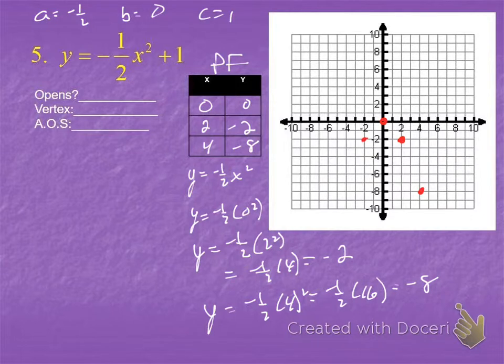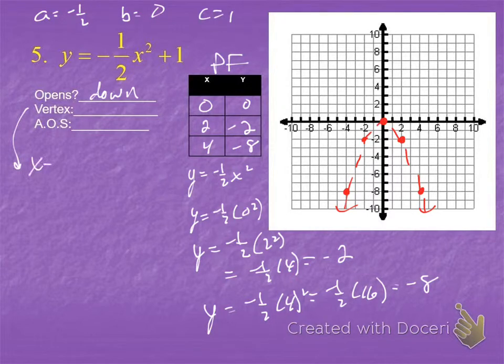Mirror image. And there's your parent function. Okay? All right. How are we going to move it? Well, it's all about the vertex of the actual function. Now we go back to the actual function, which we see is going to open down because a is negative.